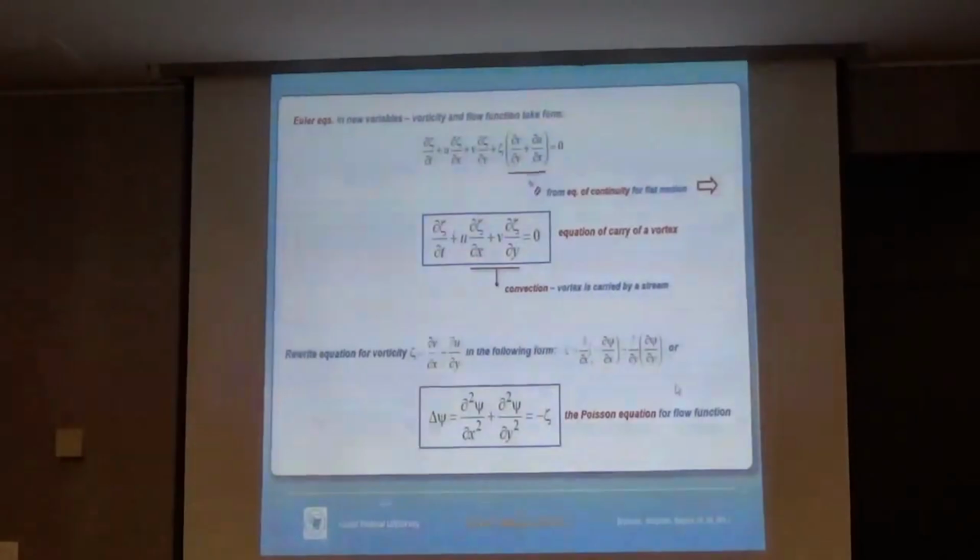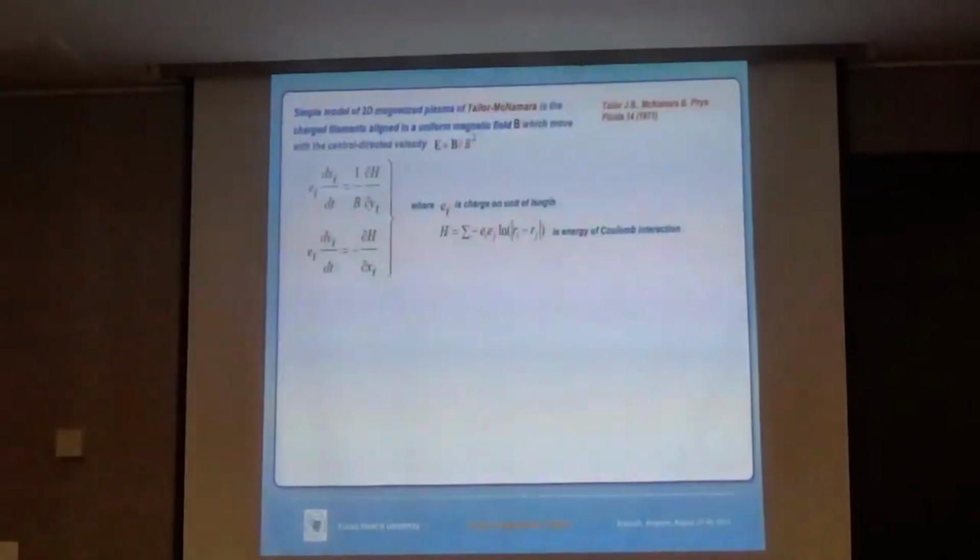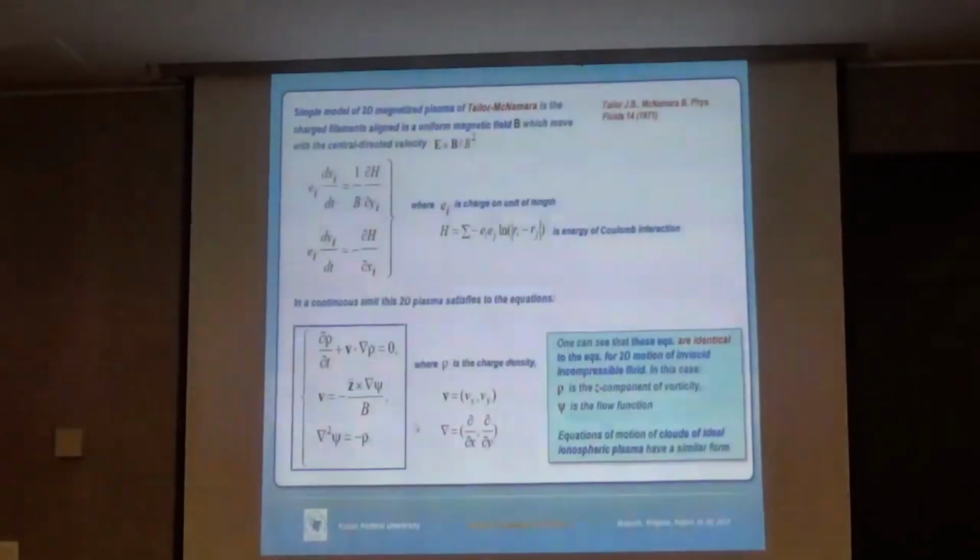A simple model of two-dimensional magnetized plasma of Taylor-McNamara is charged filaments aligned in a uniform magnetic field which move with the E-cross-B directed velocity. Here is the set of equations. Here, e_i is a charge per unit of length, and H is the Hamiltonian, which has the sense of energy of interaction.